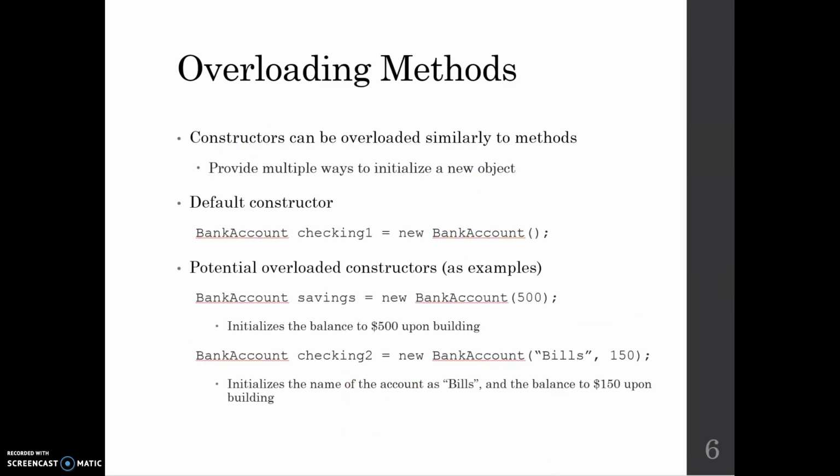Another example of when methods are overloaded is with our constructors. And this is a very useful thing for us to do because we want to provide multiple ways to initialize a new object. One of the things that we've seen already is the default constructor, and the default constructor takes no parameters.